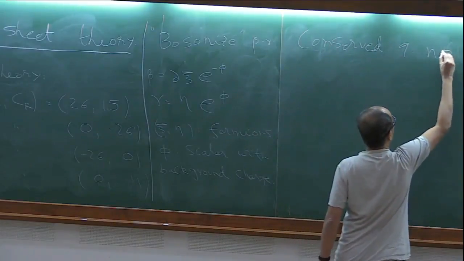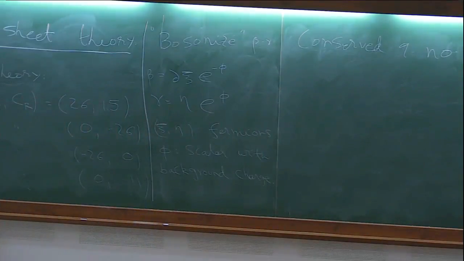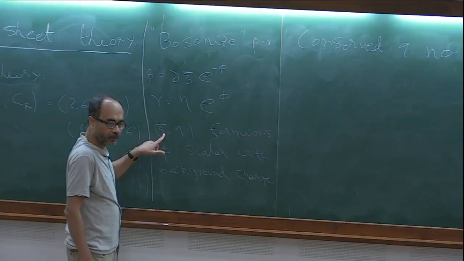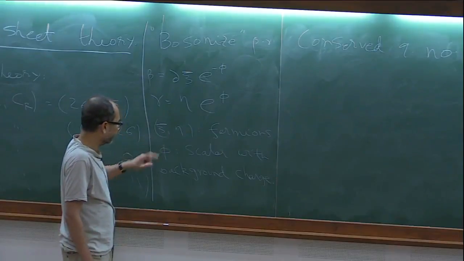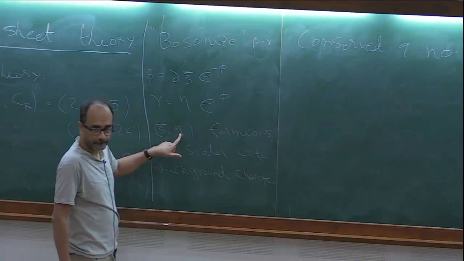Oh, I should have said the conformal weights. b, c, of course, we are probably familiar with. This is 2, this is -1. This is 3/2, this is -1/2. And for xi, eta, this has conformal weight 0, 0. Both left and right conformal weights are 0. This has left conformal weight 0, right conformal weight 1.